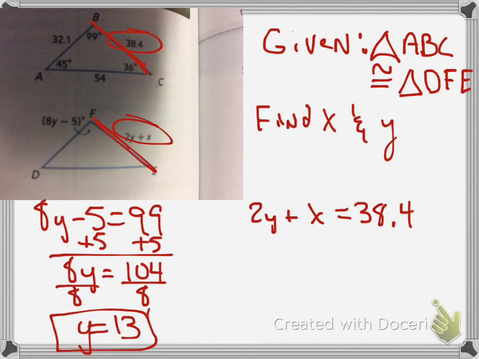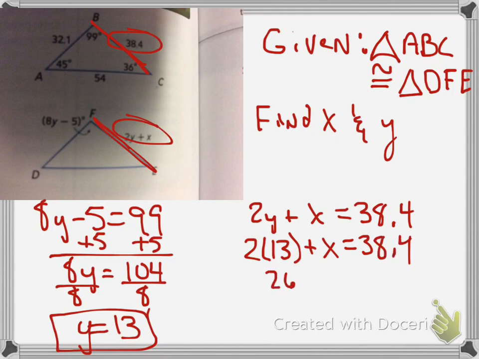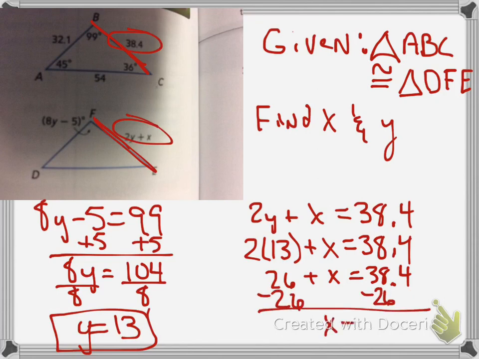Now I know 13 is y, so I can say 2 times 13 plus x is equal to 38.4. 2 times 13 is 26, plus x is 38.4. Subtract out the 26, and I get x is equal to 12.4. And that would be the x. That's as much as you need to do there.